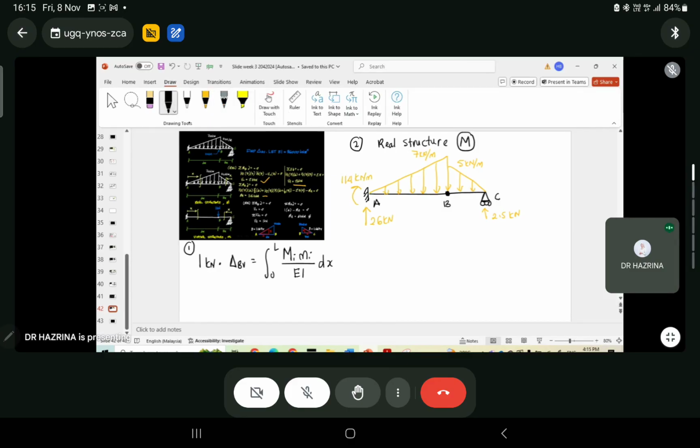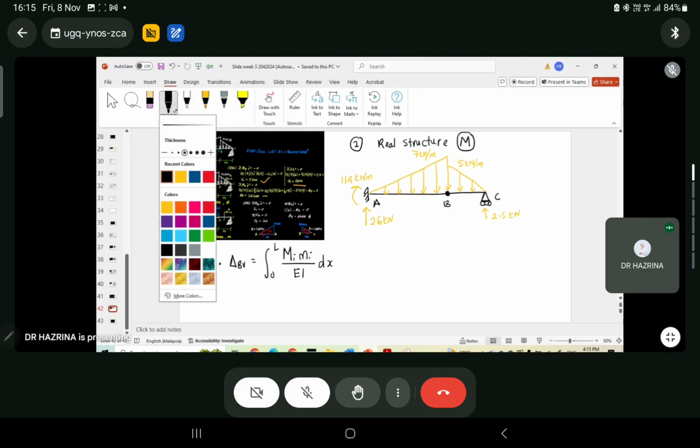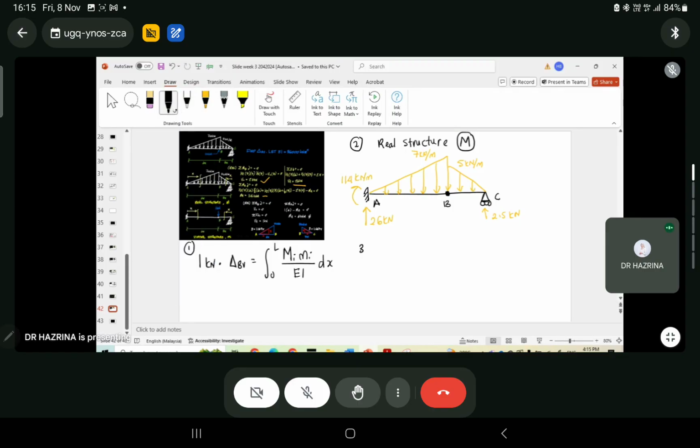So the first one, what we need to do, we need to find the real structure. So remember, this is the real structure. And then the same thing we have to do, the third one, is your virtual structure. So for the virtual structure, you will find smaller m.